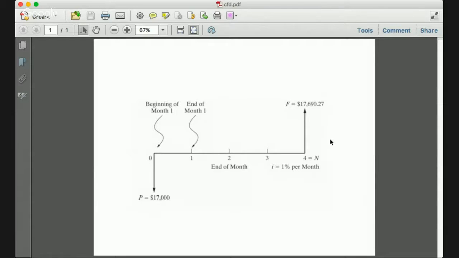First of all, notice with the cash flow diagram that between 0 and 1, time is passing, and this is the first year, right? Just like a new baby is born. My grandson Jude was born last February 26th. That was time 0 for Jude.